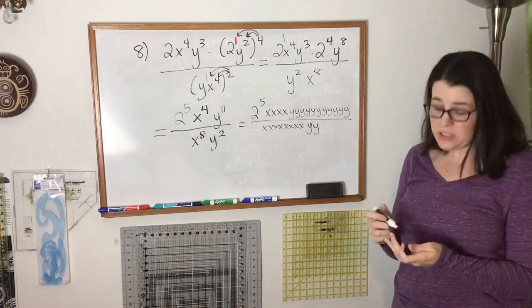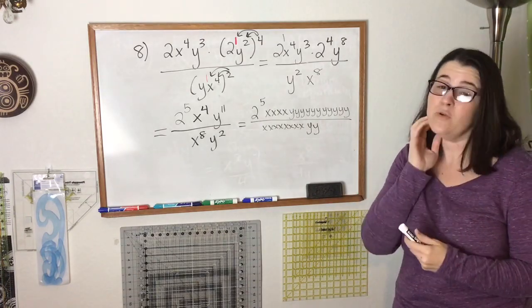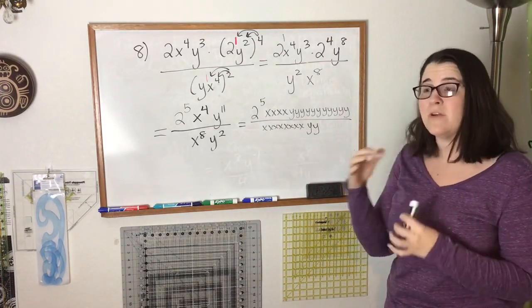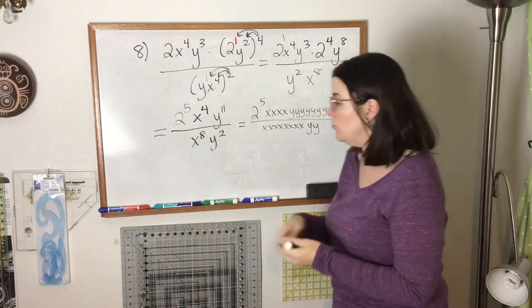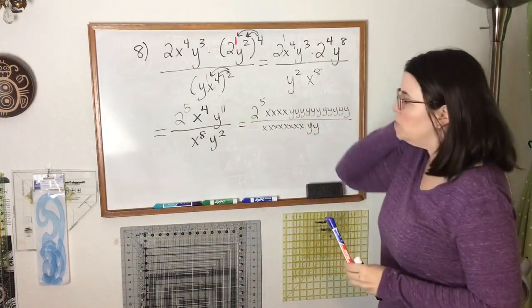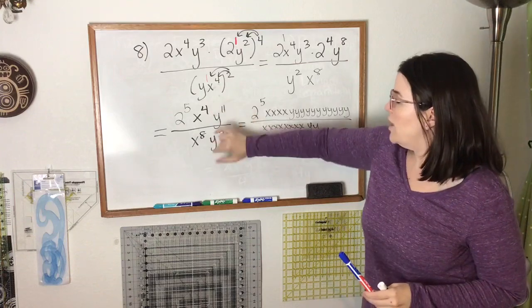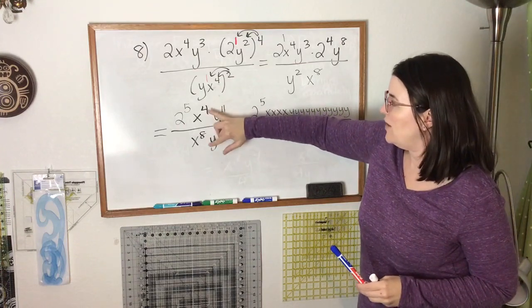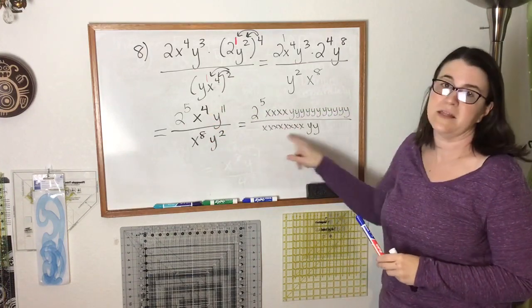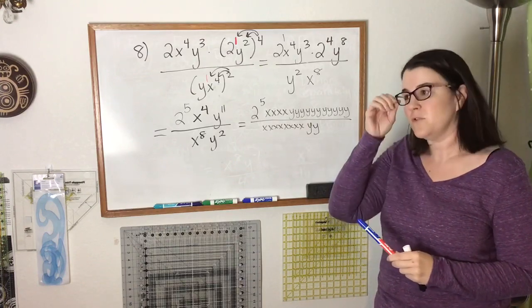You certainly don't have to do expansion. I only recommend it if you hit a problem and you're having trouble figuring out what's going to reduce. You can always subtract. But I think this really helps visualize that even though I have x to the 8th and x to the 4th, there's more x's in the denominator, so that's where the leftovers will be.